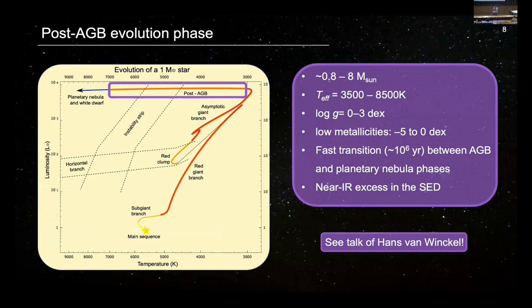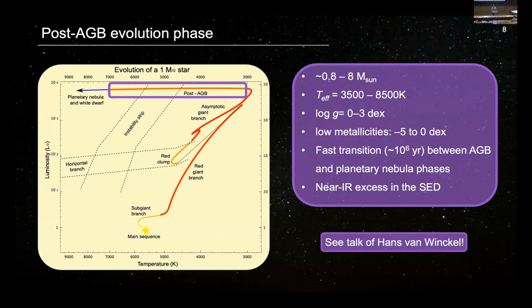All right. I'm not going to talk in detail about single stars, and please come tomorrow for the talks of Hans van Winckel, Mahesh Menon and Maxime Moran for more details on single stars and on post-AGBs in general. However, I want to note some of the main properties of a single post-AGB star.